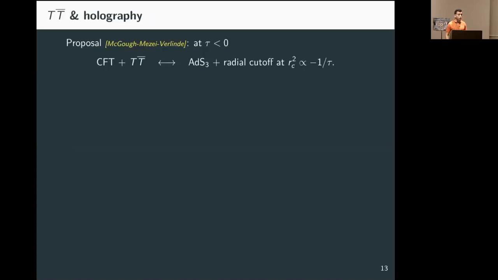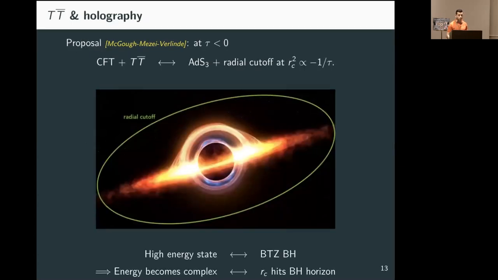There is a holographic proposal to understand this breakdown of unitarity given by these three gentlemen that suggests that the TT-bar-deformed CFT with negative coupling should be dual to AdS3 with a radial cutoff that goes with the inverse of this coupling tau. So highly energetic states on the CFT side correspond to BTZ black holes on the dual side.